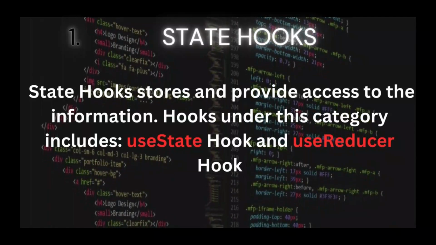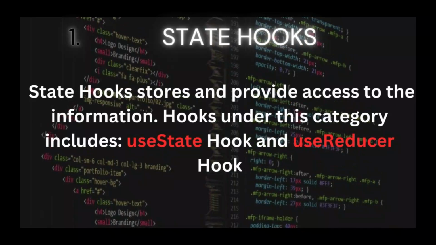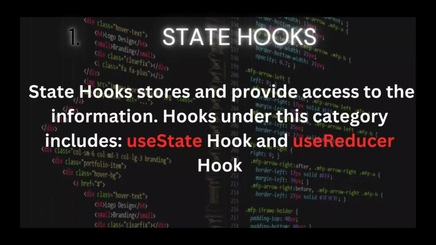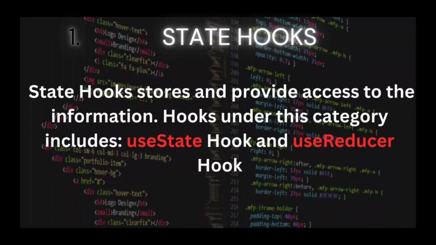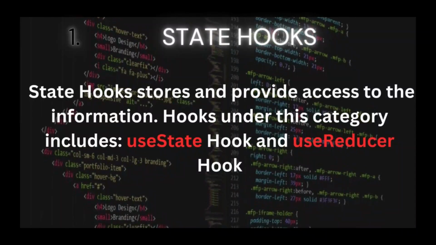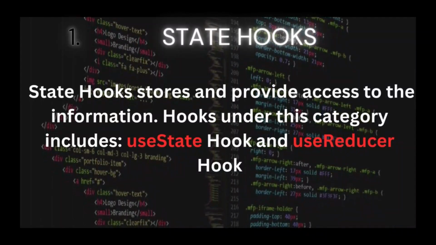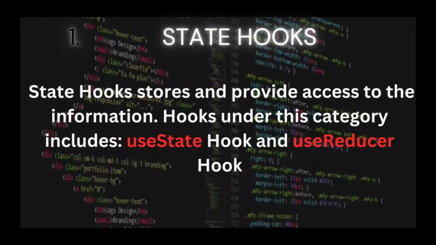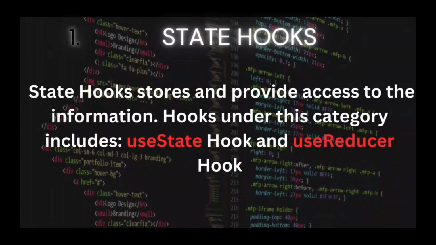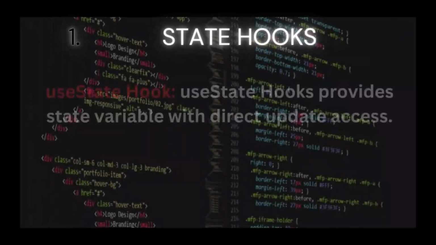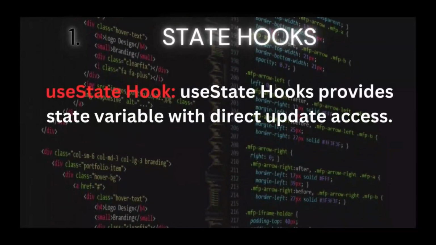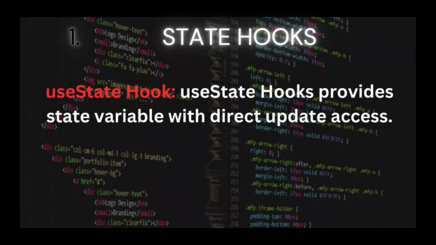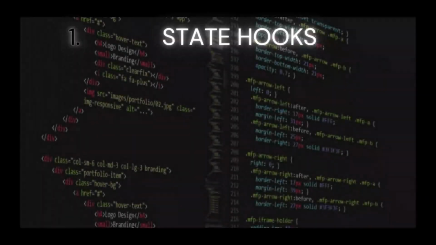For example, in my React component, I want to store information and also provide access to that information. That's what we talk about as state hooks. The hooks that fall under this category are useState and useReducer. The useState hook provides a state variable with direct update access, so it gives you access to the state variable and also access to update that variable, right?